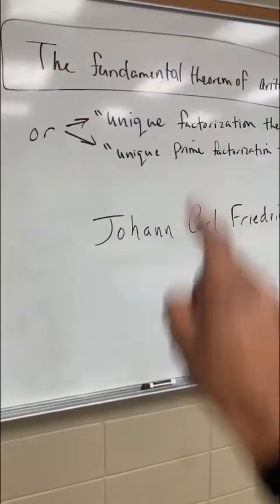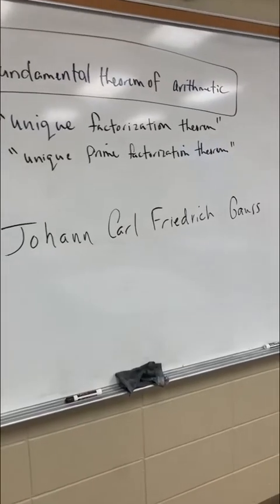He's the man responsible for this theorem. Basically, this theorem says that any number that's bigger than 1 is either going to be a prime number or it's going to be composed of prime numbers. In other words, there are 2 types of numbers, prime and composite. That's all it basically says. For any number bigger than 1, you're either going to be prime or you're going to be composite.